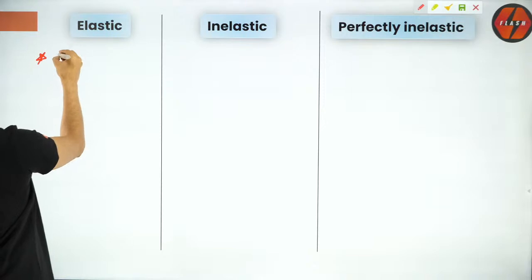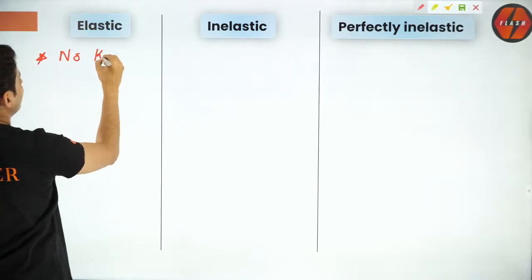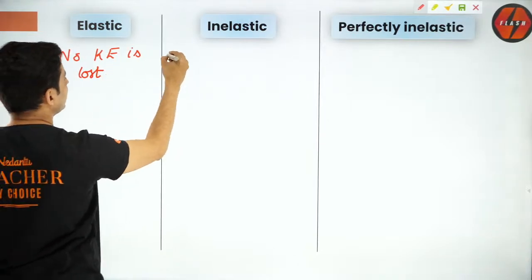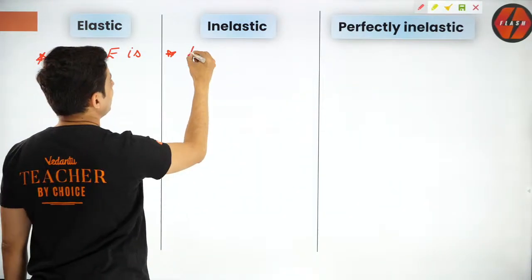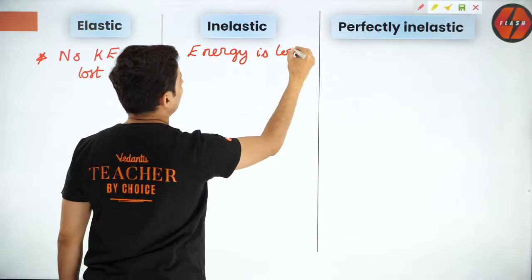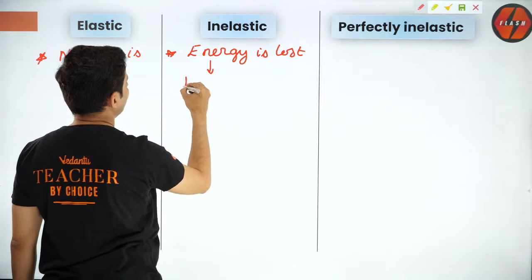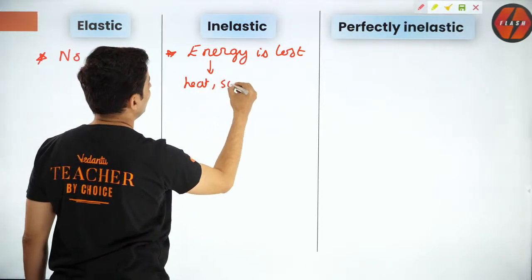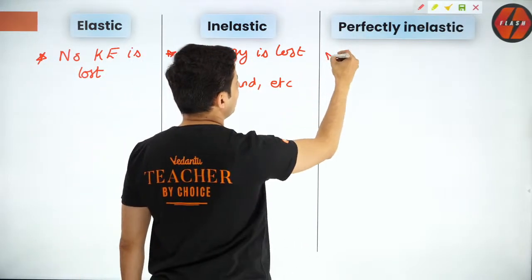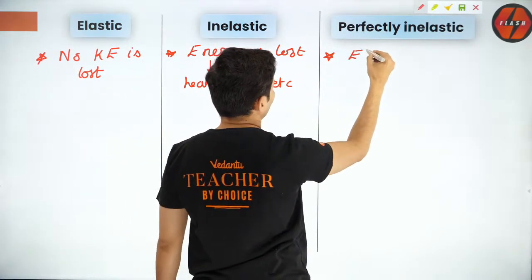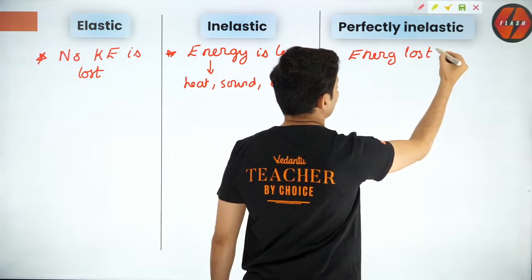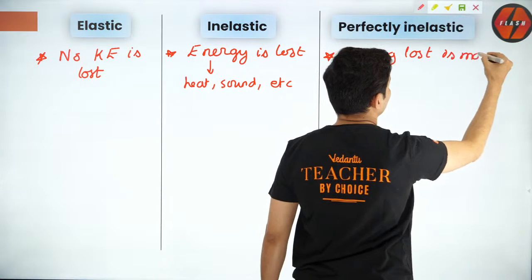Elastic collisions, no kinetic energy is lost. In inelastic collision, energy is lost in the form of heat, sound, deformation, etc. In perfectly inelastic collision, energy lost is in fact maximum.